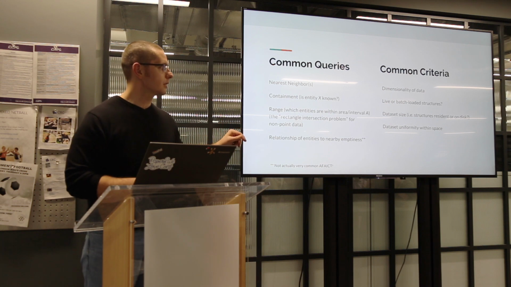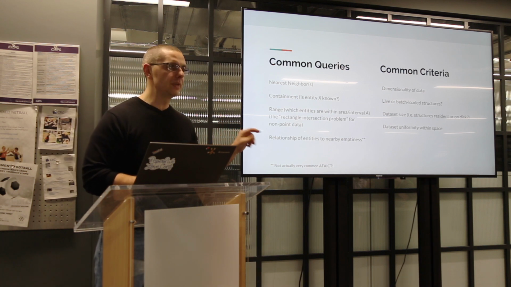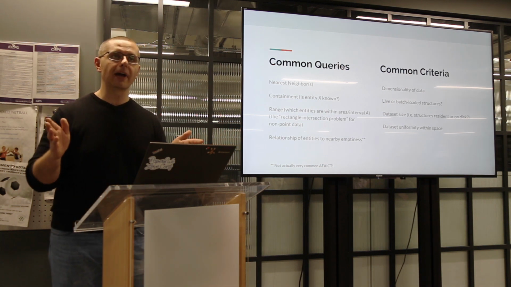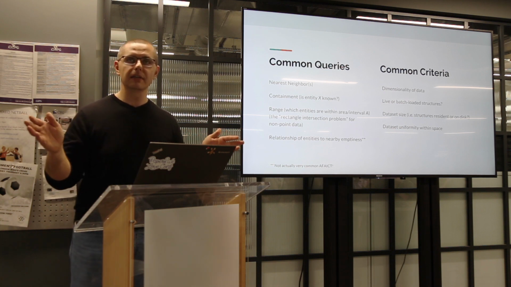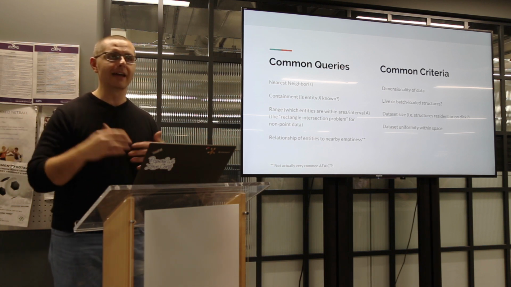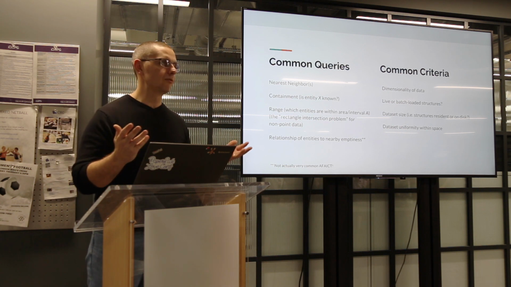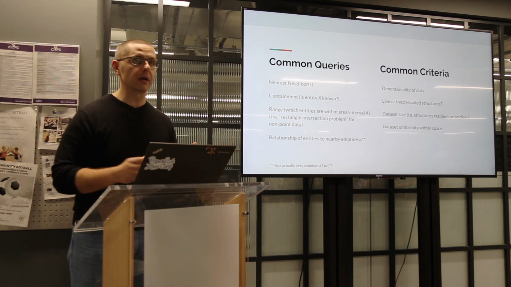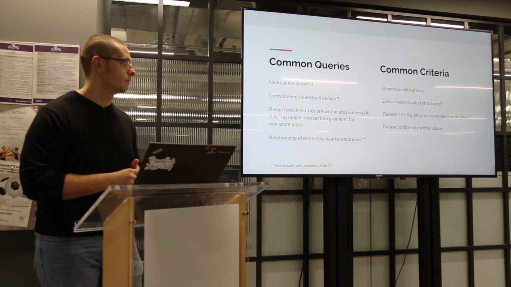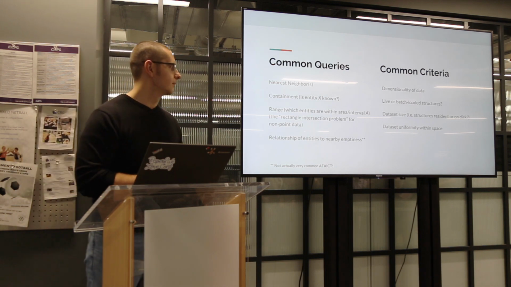Range queries, which could be anywhere from an interval, if you have a simple linear spatial data structure, to an n-dimensional one. If you have 14-dimensional data, then you may be querying a range across all 14 dimensions.